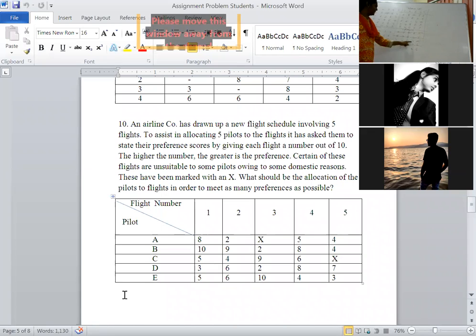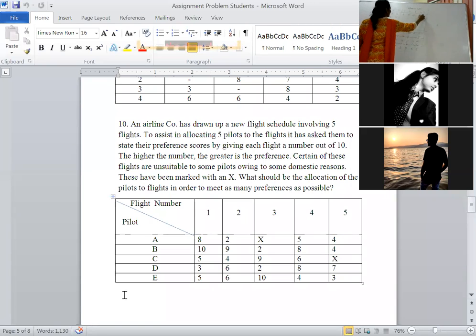Among all uncovered elements, the smallest element is 3. At the intersection point, you have to add 3. Here 0 remains as it is. If you are adding something to infinity, it remains infinite.